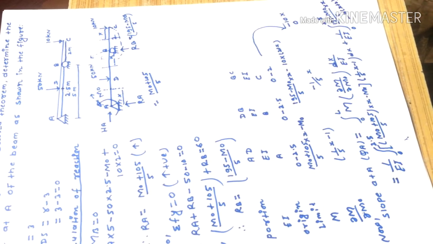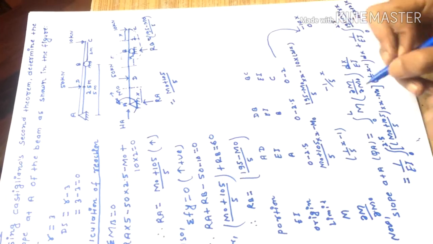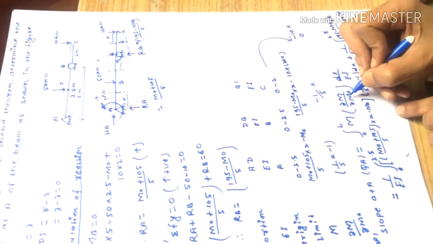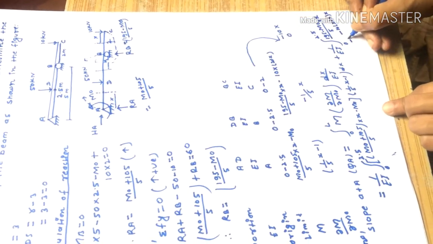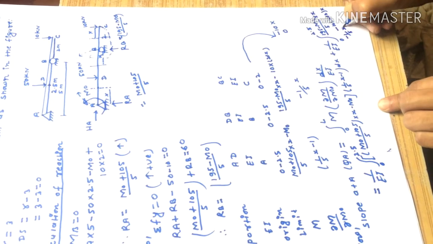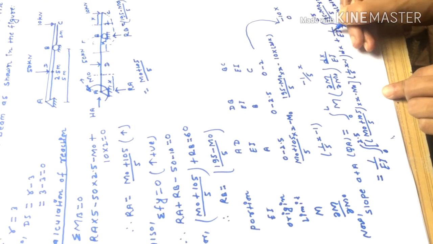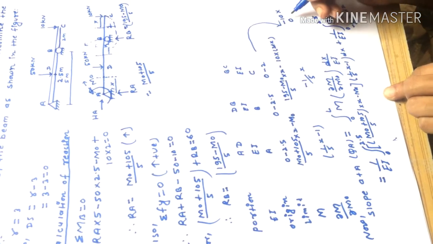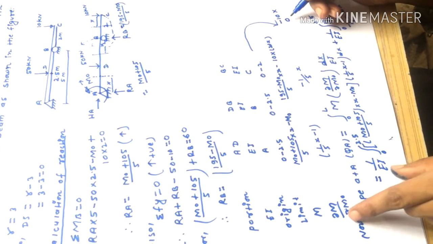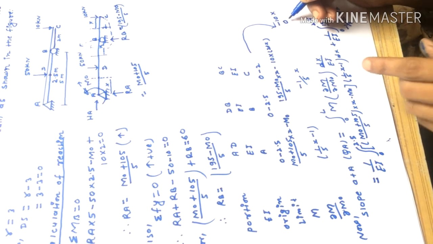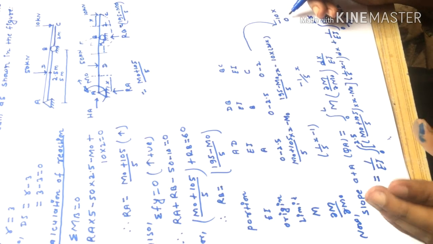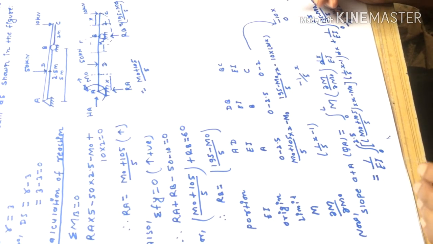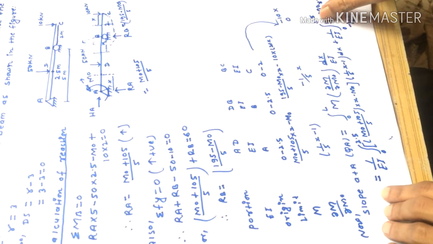Here in this table we can see del M by del m naught is equal to minus 1 by 5 x into dx, and 1 by EI is taken outside. But for portion BC, del M by del m naught is equal to 0, so on multiplying with 0, the whole portion becomes 0.